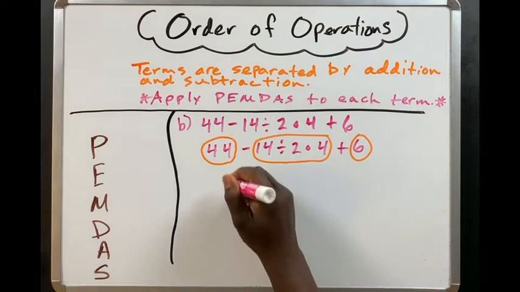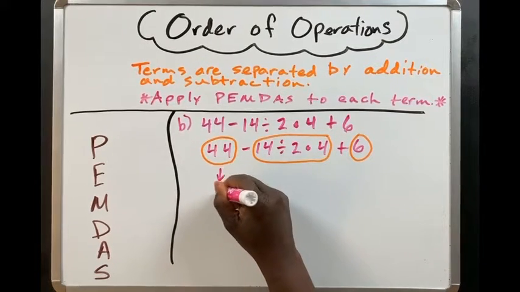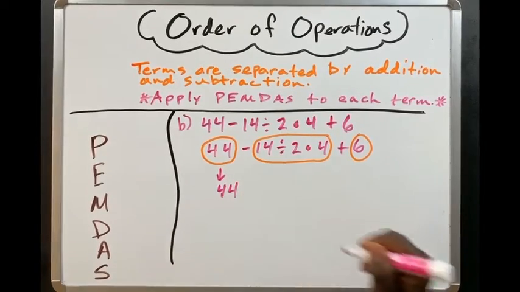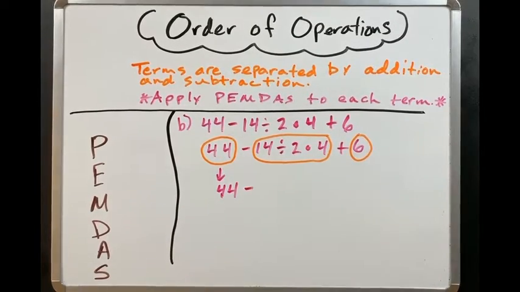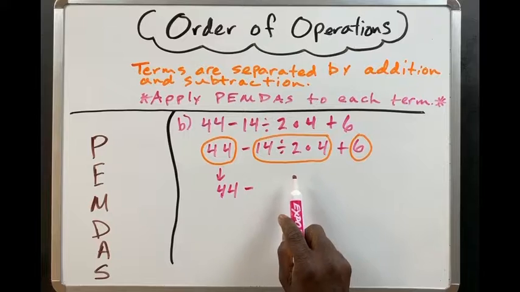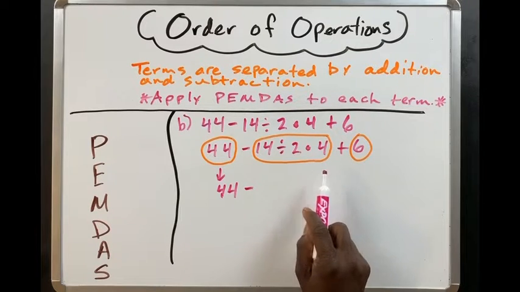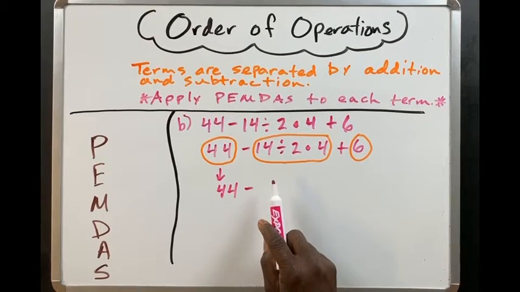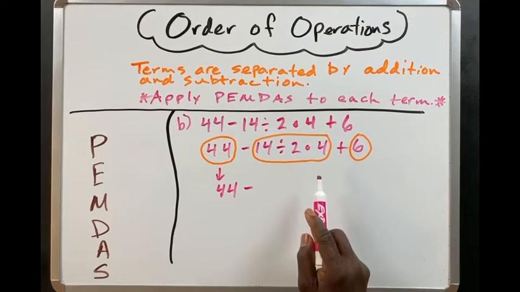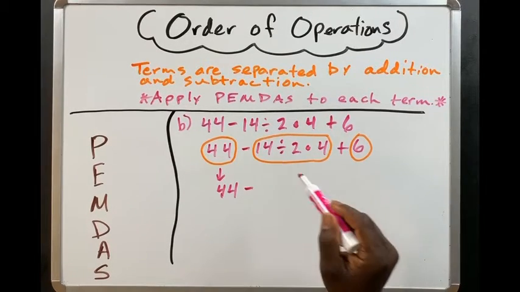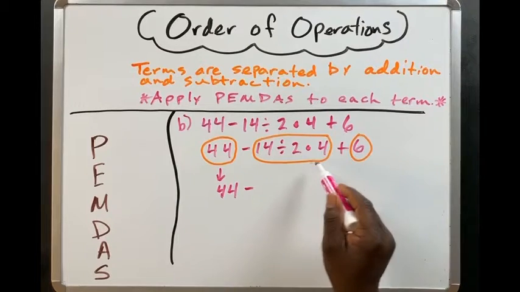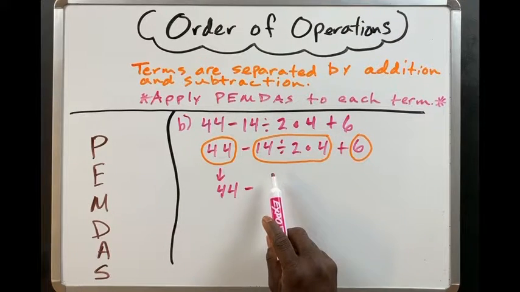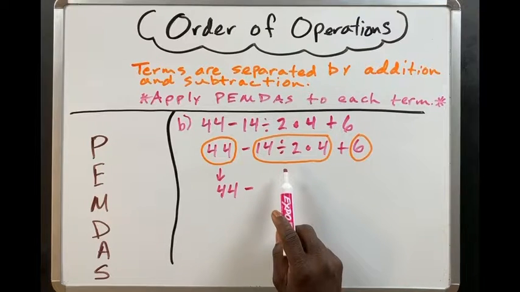Well, there's nothing we can do with 44, so we bring it down. Bring down the minus. Now here we have 14 divided by 2 times 4. Whenever you have a term where you have division and multiplication back to back like this, you do the first operation that comes.